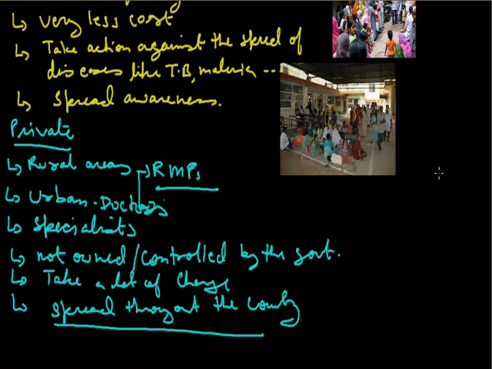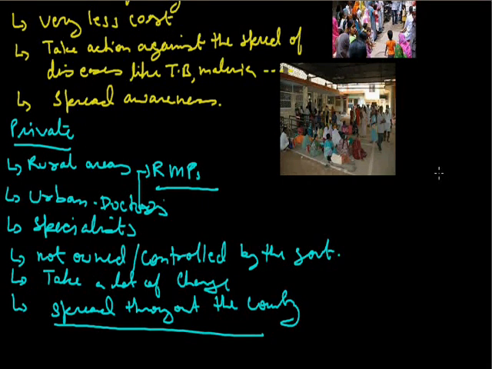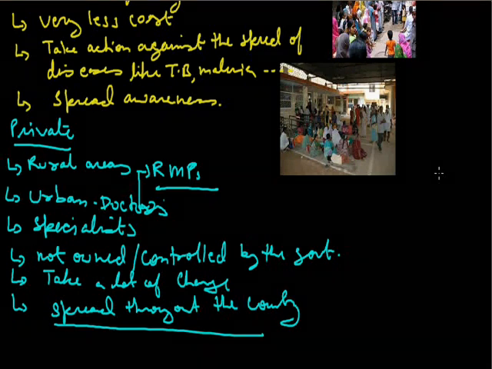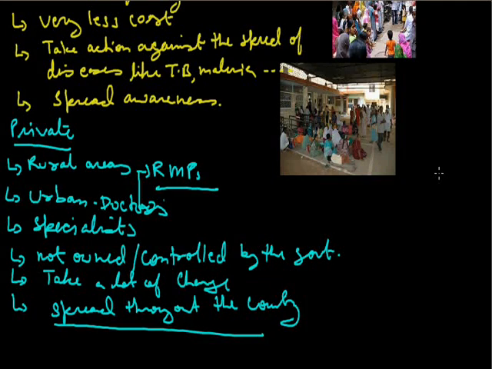Now the problems which we are facing: the lack of public health services, because people in rural areas cannot reach urban areas. It is not reachable for them to go to these doctors. Expensive services are provided by the private sector, which is also not possible for poor people. They are unaffordable for them, and they encourage profit.